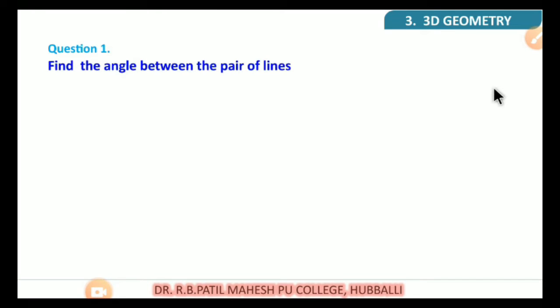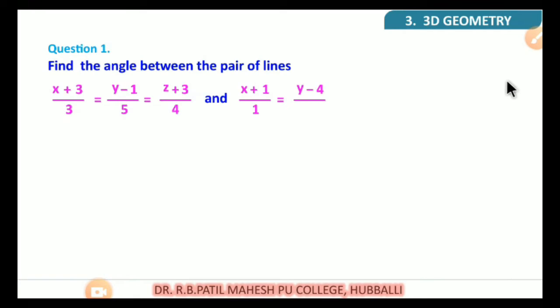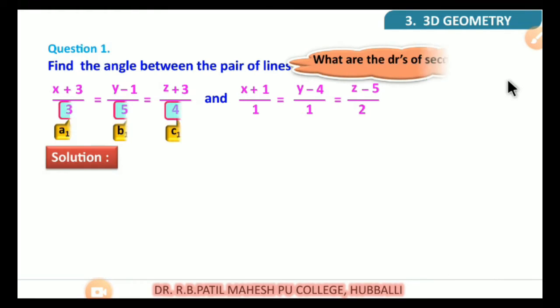Find the angle between the pairs of lines (x plus 3)/3 is equal to (y minus 1)/5 is equal to (z plus 3)/4 and (x plus 1)/1 is equal to (y minus 4)/1 is equal to (z minus 5)/2.